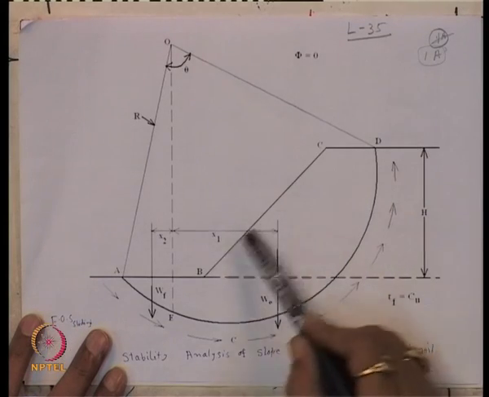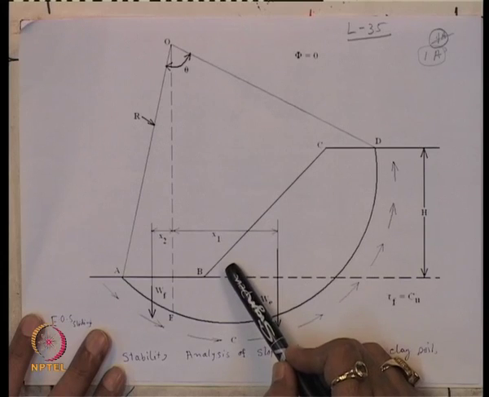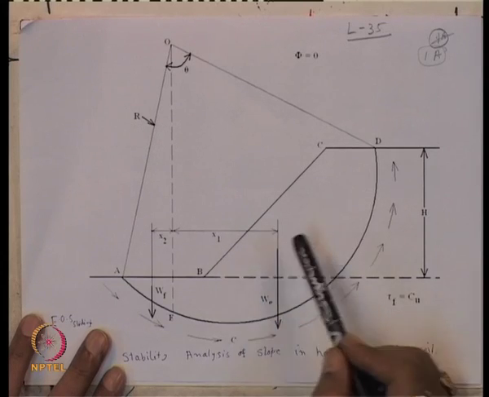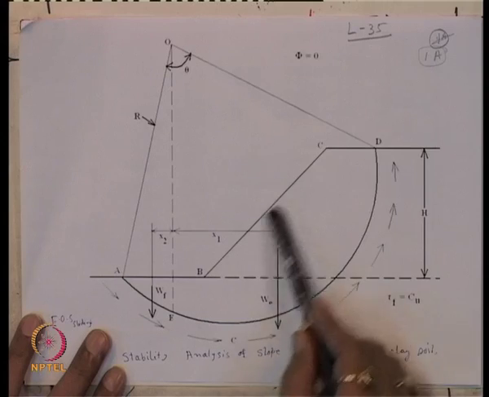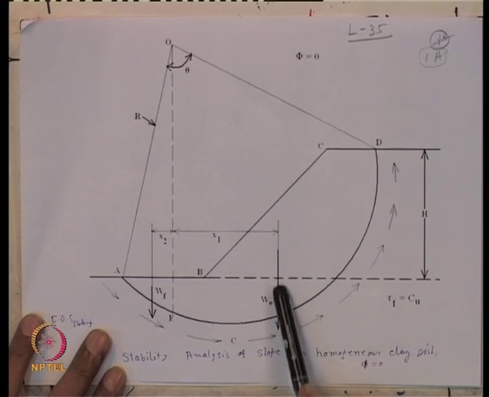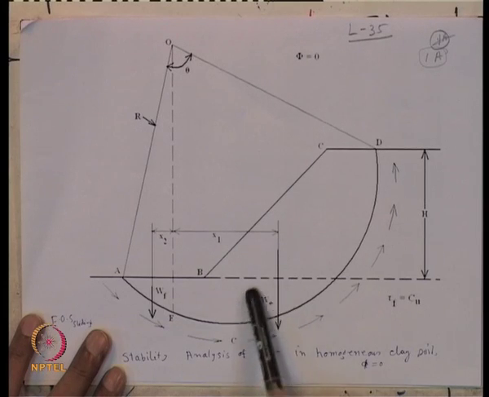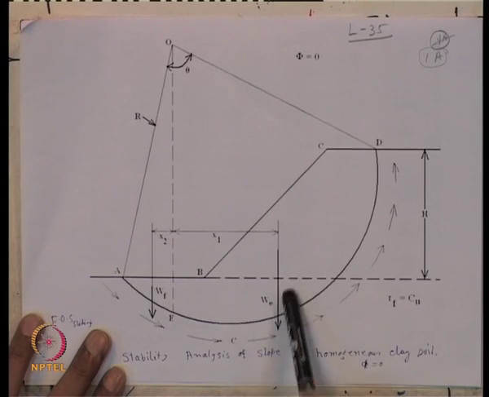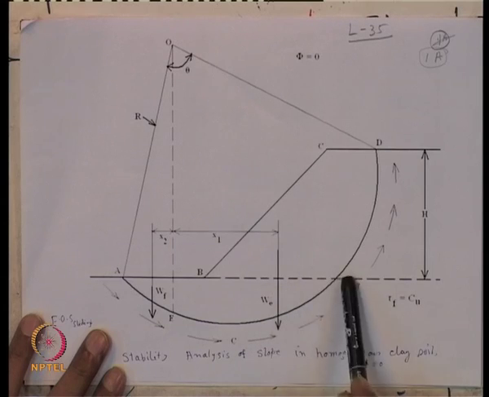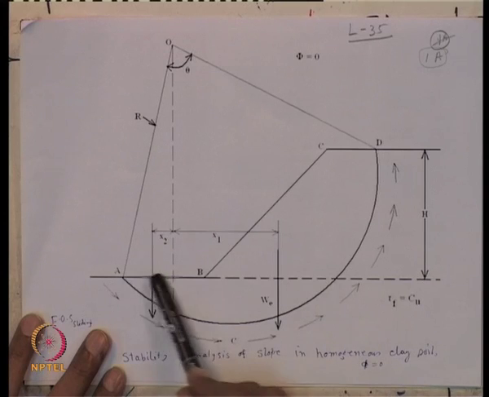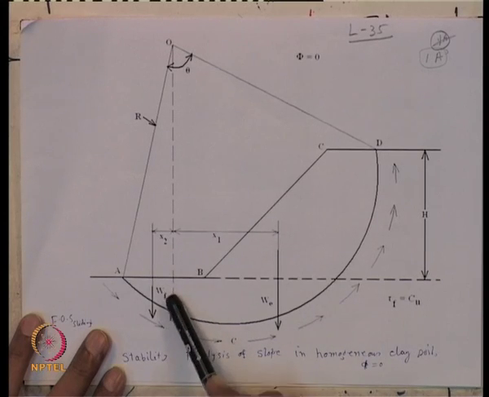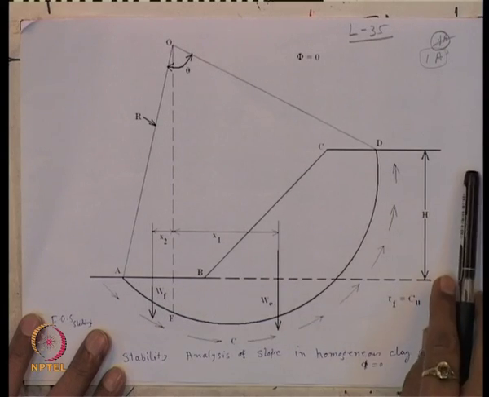This is the slope here, and this embankment has its own weight which we designate as W_E, that means the weight of the embankment. Similarly, this part is the foundation, and the foundation also has its weight, which we designate as W_F.